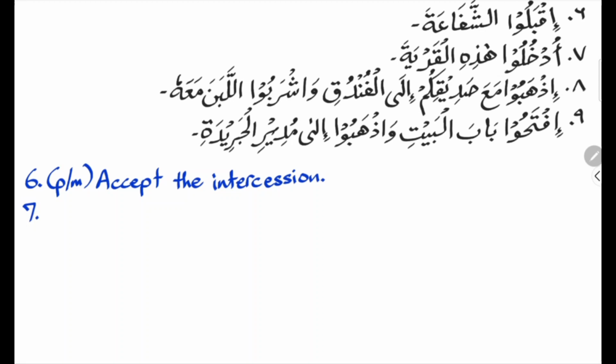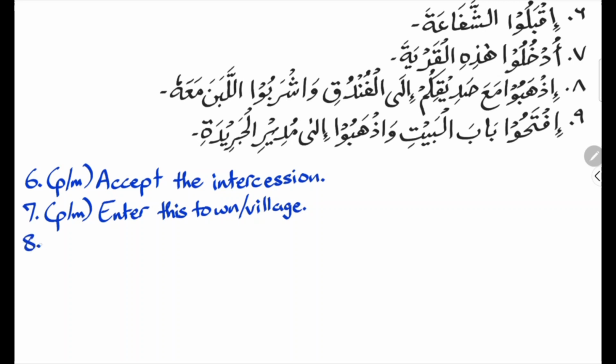Number 7 is ادخلوا هذه القرية. ادخلوا is on the same format of اقبلوا, meaning on the wazn of افعلوا, except it's from دخل, which means to enter. So again, plural male. Enter. هذه is this. القرية is village or town. Enter this town, or you could say village.